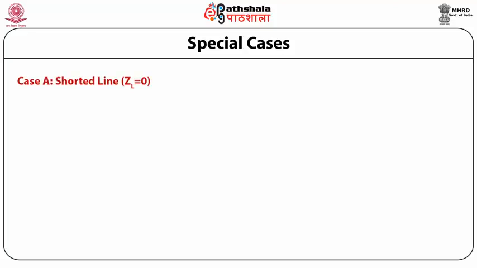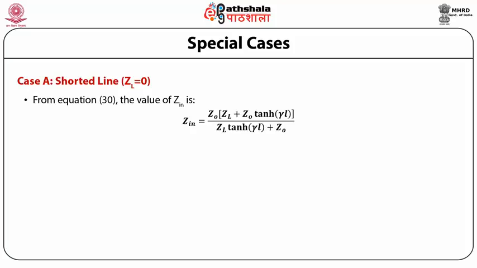The first case is that of a shorted line, ZL equal to 0. Now here, the value of the input impedance Zin becomes Zin equal to Z0 multiplied by (ZL plus Z0 tanh of gamma L) divided by (ZL tanh of gamma L plus Z0).